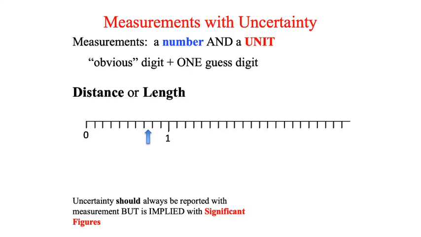So, let's take a look at some measurements with uncertainty. We got a red slide here. You guys should all be good at this, but I'm throwing a new example at you. There's my little blue arrow. Where is it?